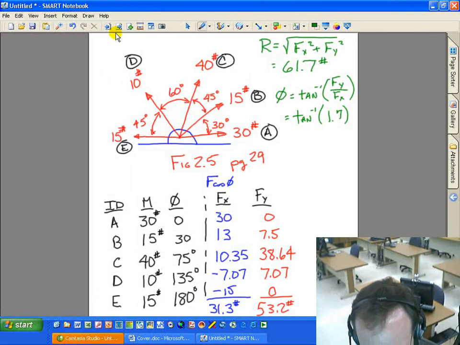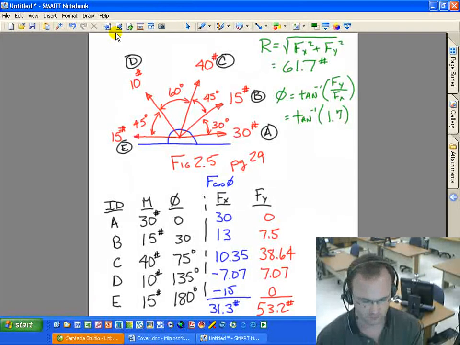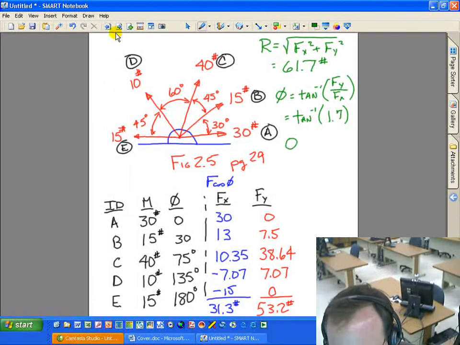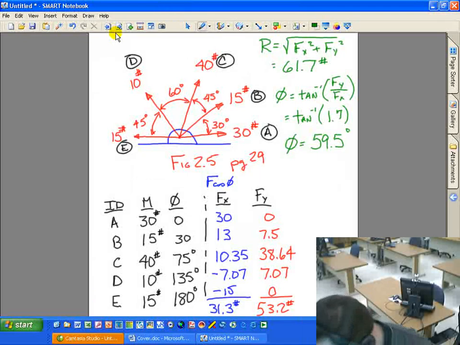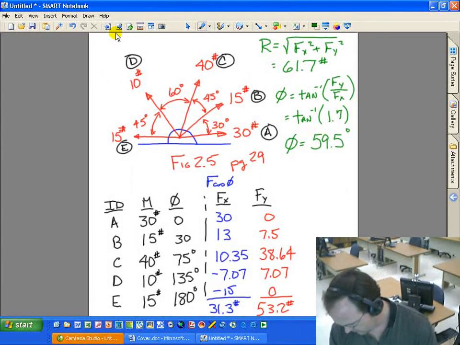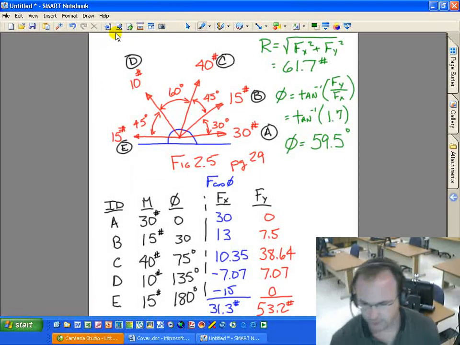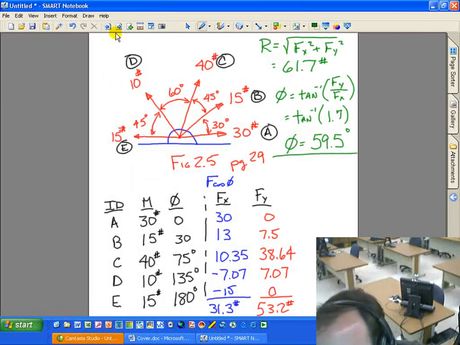Do the second function, inverse tangent, and I find my phi is equal to 59.5 degrees. So therefore, my resultant is 61.7 pounds at an angle of 59.5 degrees.